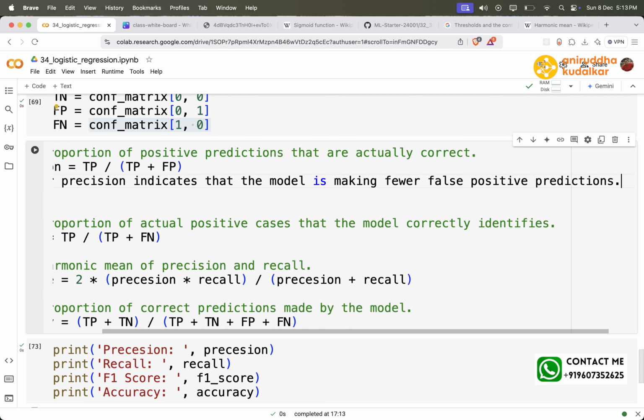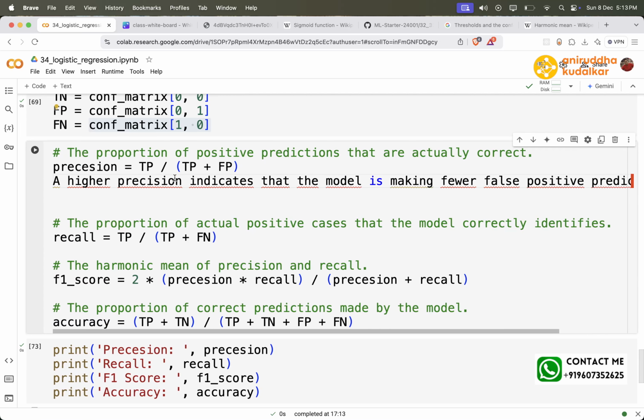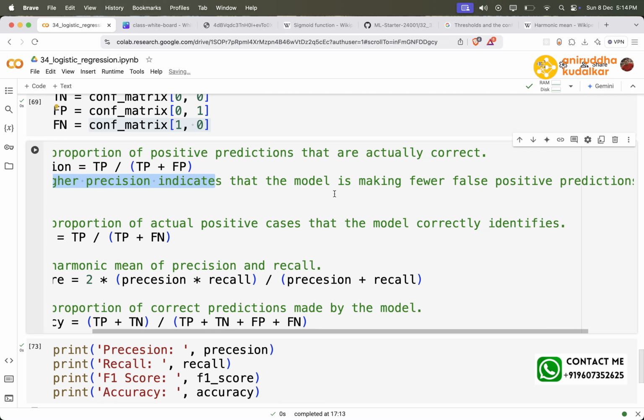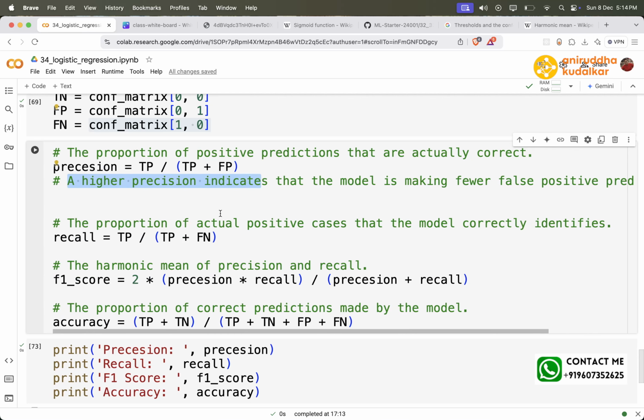True positives upon true positives plus false positives. It is the proportion of the positives. Higher precision indicates that the model is making fewer false positive predictions.